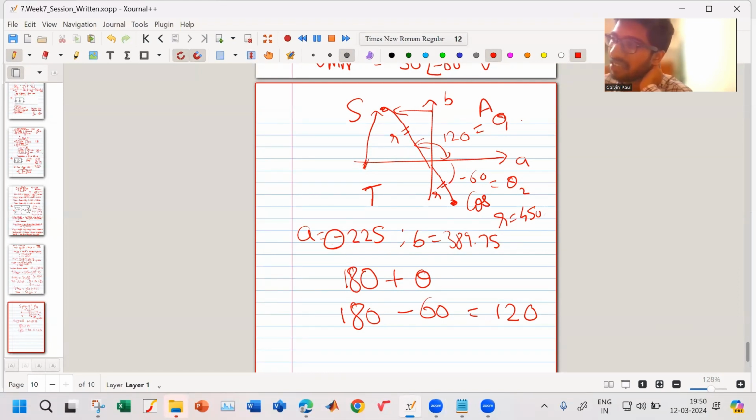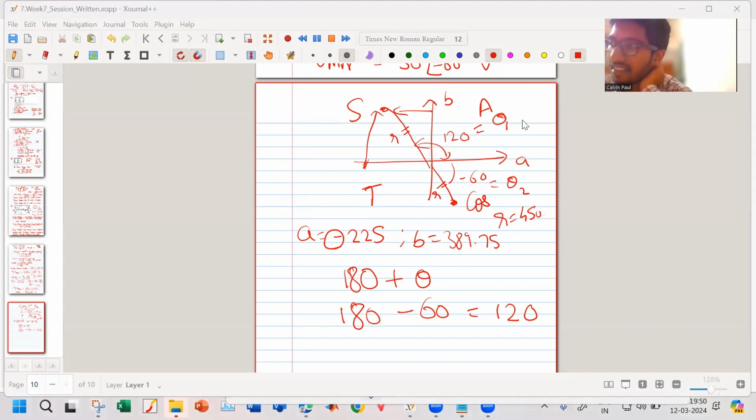I referred to so many textbooks, sir, but I didn't find this problem. Like Van Valkenburg, Sadiku, William Hayt, Sudhakar Shyam, I referred to all, sir, but this model is not there.